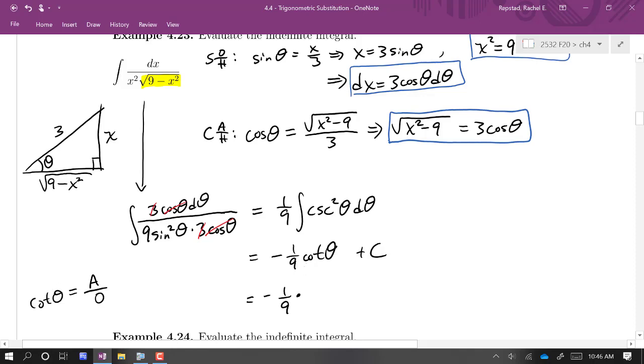So cotan is adjacent over opposite, so that's the radical, 9 minus x squared over x. And I'm just going to simplify this a little bit. So minus the fraction radical 9 minus x squared over 9x plus a constant.